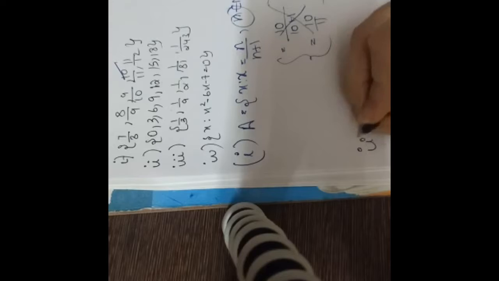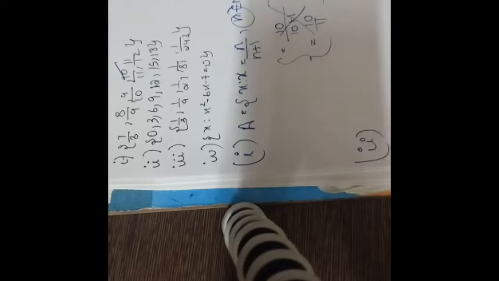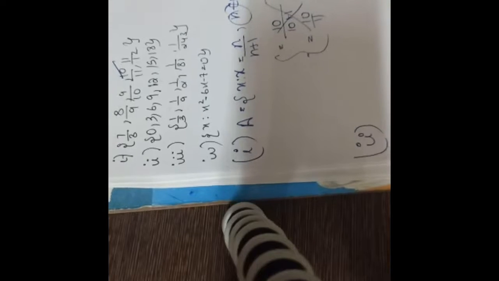The second part is 0, 3, 6, 9, 12, 15 and 18. Now let's imagine that it is set B, x such that x is equal to 3n, where n belongs to whole numbers, and for whole numbers we are going to use W, and x is less than or equal to 18. n is belonging to the whole numbers, and I told you in the starting as well, the whole numbers start from 0.